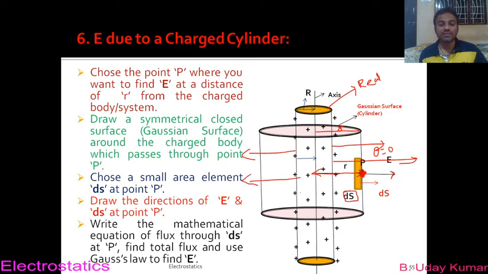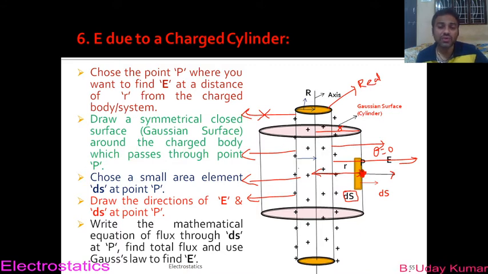Like this. Even the electric lines of force will be coming outside this Gaussian cylinder also, but we need not consider these electric lines of force, because to apply Gauss law we need to have a closed surface, which is this Gaussian cylinder only. So we have to consider the flux that is passing through only this Gaussian cylinder, that's it.